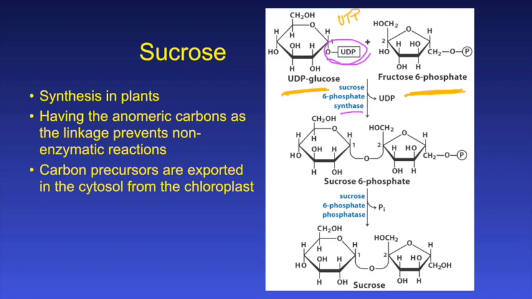And I will get the bond that I need between the 1 and the 2. But this is not the sugar that we eat because we have a phosphate on there. So we use an enzyme called a phosphatase to take that off and to make sucrose.